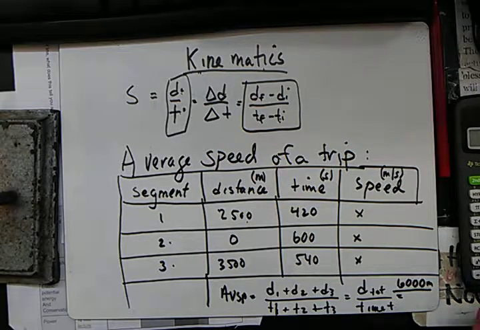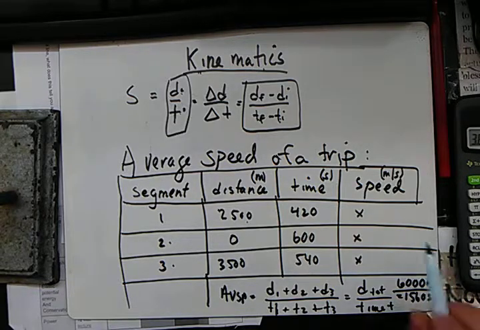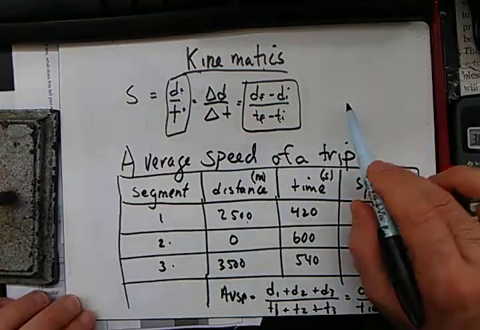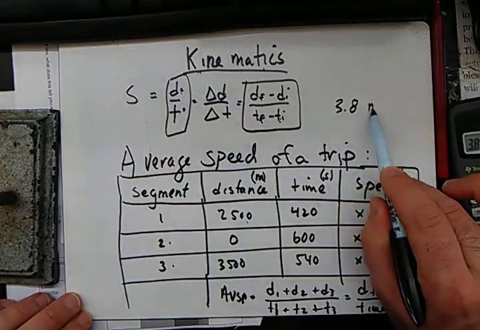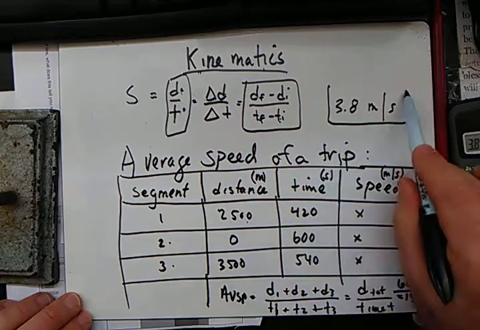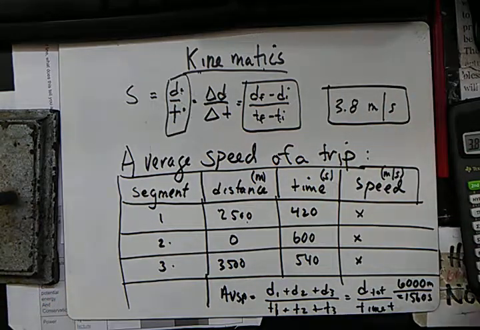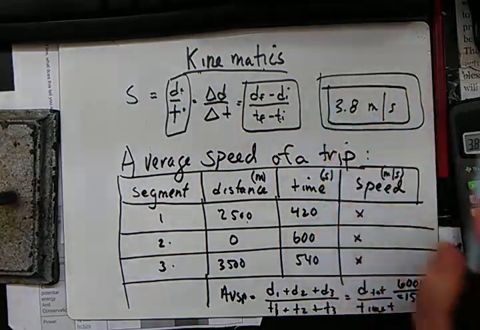And the total time, 420 plus 600 plus 540, is 1,560 seconds. So to get that average speed, it's 6,000 divided by 1,560. I end up with an overall average speed of the trip of 3.8 meters per second. And this is how we calculate the average speed of a trip.